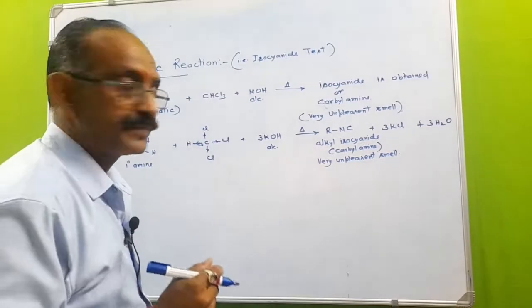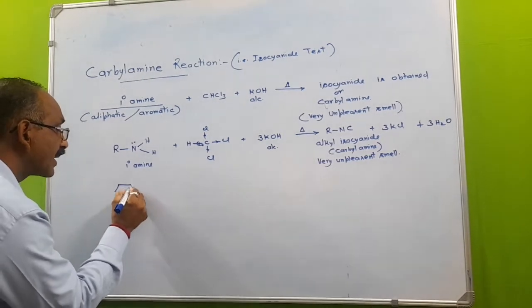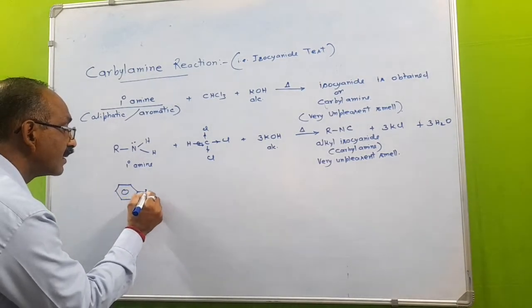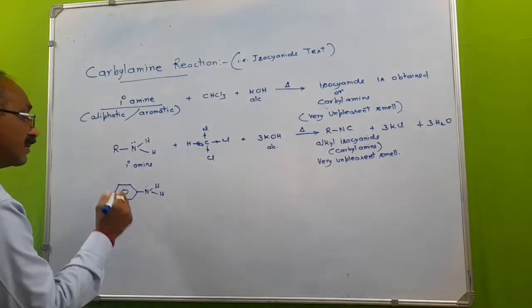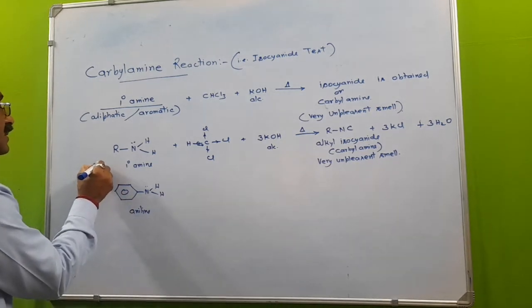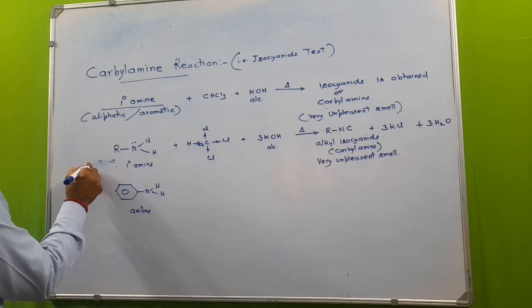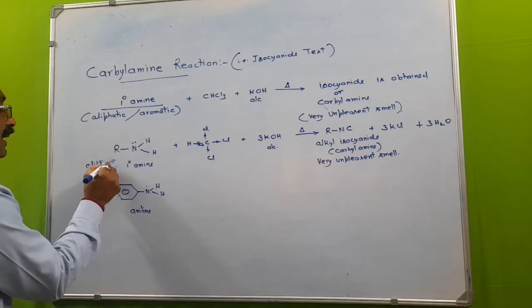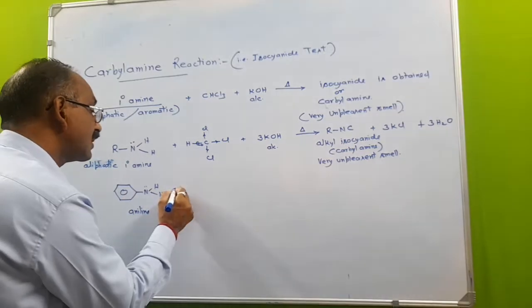Is it clear? See, if we are taking here the aromatic amines, this time it is the aniline. Here it was aliphatic primary amine. This time aniline is taken here.